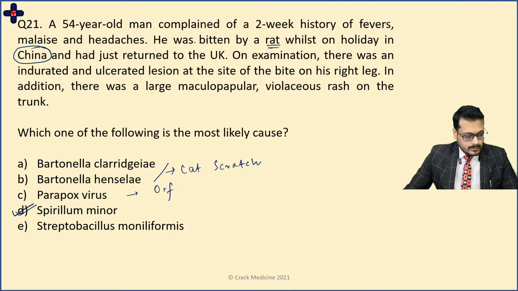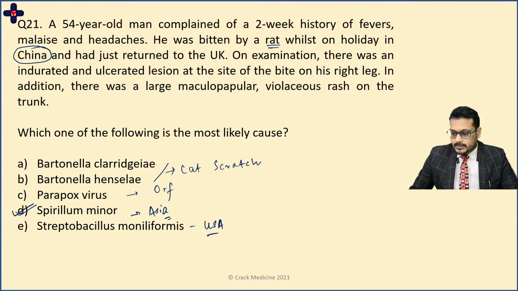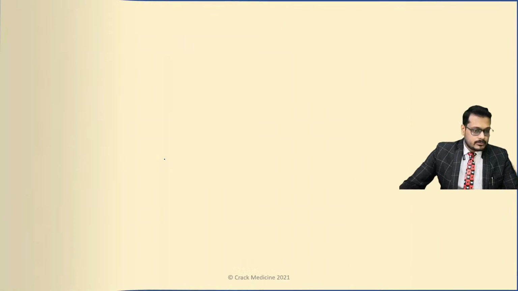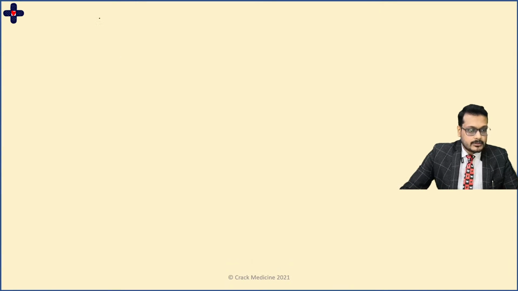China is not in USA, and Streptobacillus moniliformis is the most common form which is present in USA. Okay, and Spirillum minus is present in Asia. Okay, okay, good, Karthik, you're right. So let's talk a little bit over here about rat bite fever.